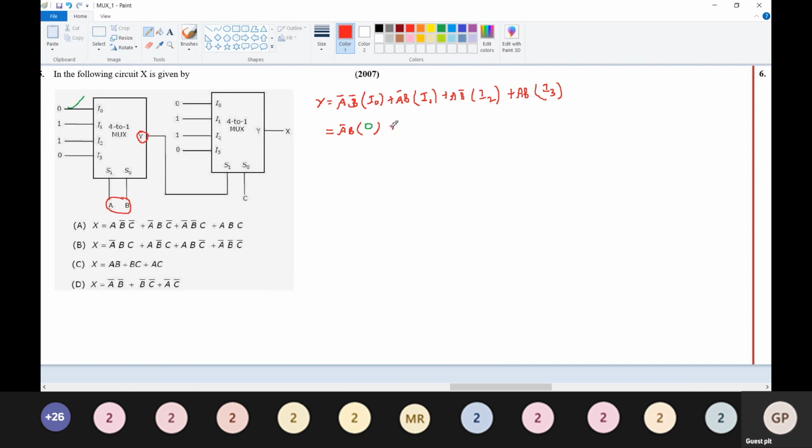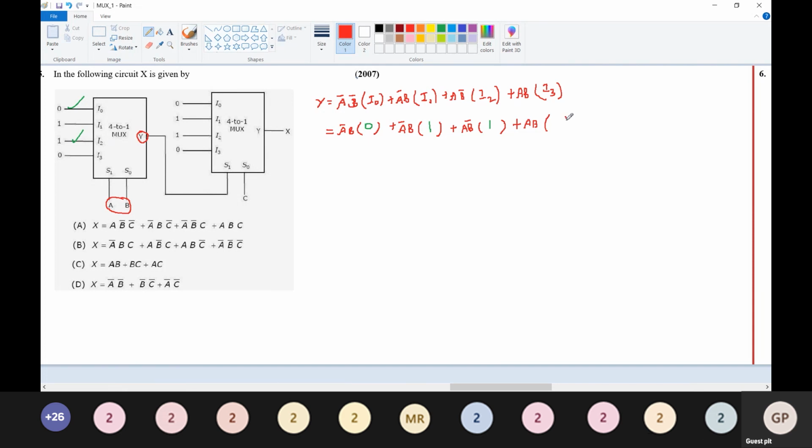Plus A dash B into, what is your I1 value? I1 value is going to be 1, plus A B dash into, what is your I2 value? I2 value is also 1. And the last one, plus AB into, what is your I3 value?